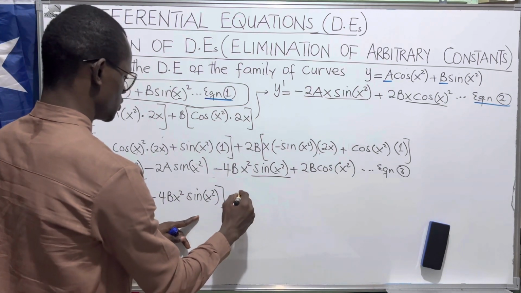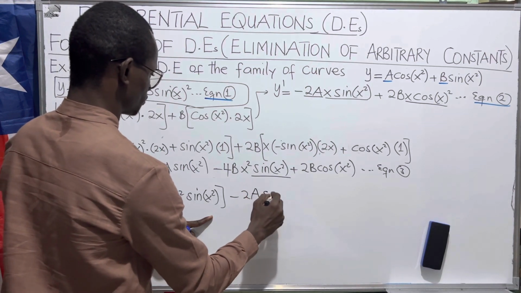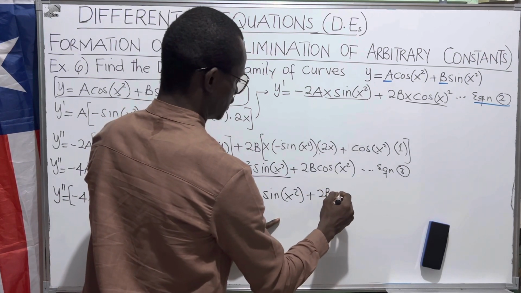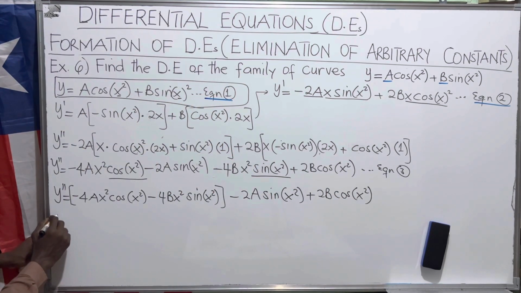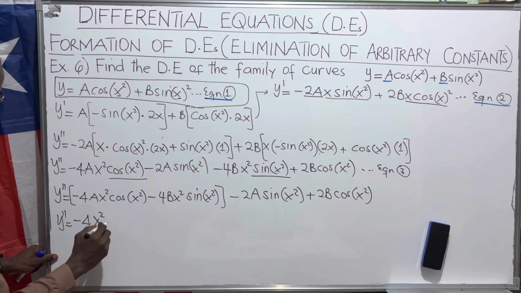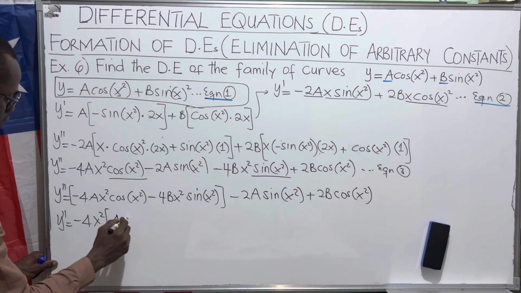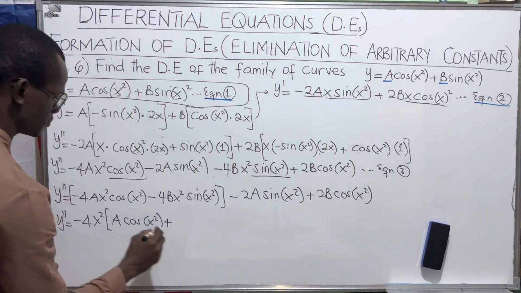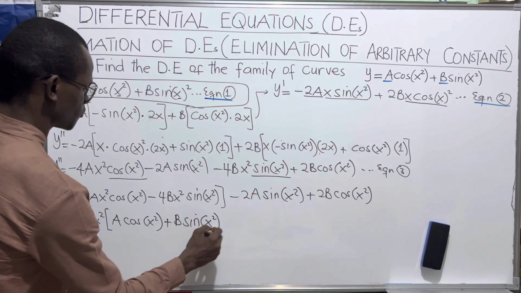Then we just rewrite the second and the last term, because it has no important role for now in terms of simplification. So we just hold on to it. So y prime prime equals, if we factor out minus 4x squared, we will be left with negative times negative is positive, so it's a cos of x squared, plus, because negative times negative is positive, b sine of x squared.